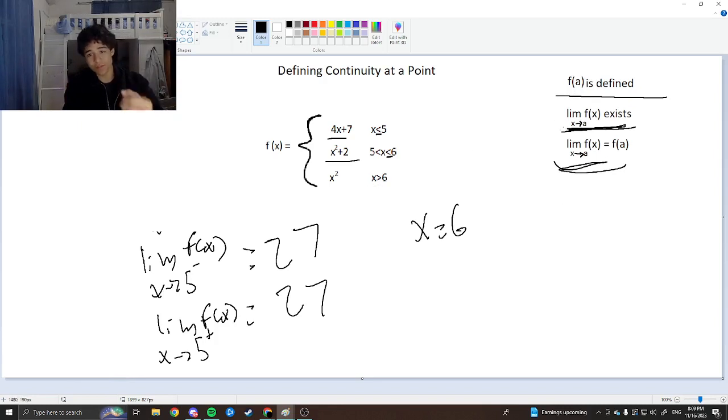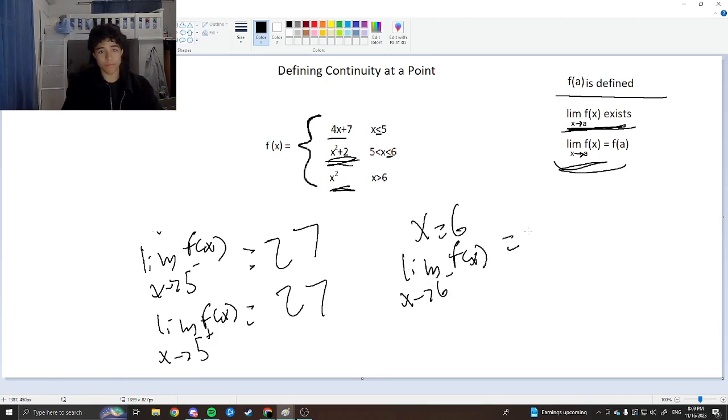The second one, if the limit of f of x when x is approaching a exists. Okay, well, we're looking at 6 here, so we're going to look at these bottom two equations. We'll plug it into the top one to find the limit from the left, and you get 6 squared plus 2 is 38. And if you plug it into the bottom one to get the limit from the right, you're just going to get 6 squared, which is 36.